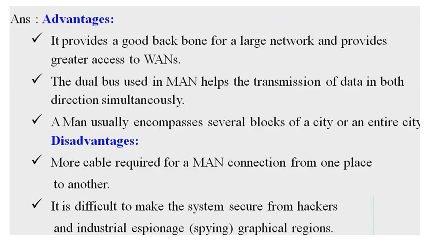Next, it encompasses many blocks of a city or an entire city. A city could be divided into many different networks, or the whole city can have a particular network. Clear about it? Coming to the disadvantages, if you are going to cover the MAN, meaning metropolitan area network, it requires a lot of cables to connect from one place to another place.